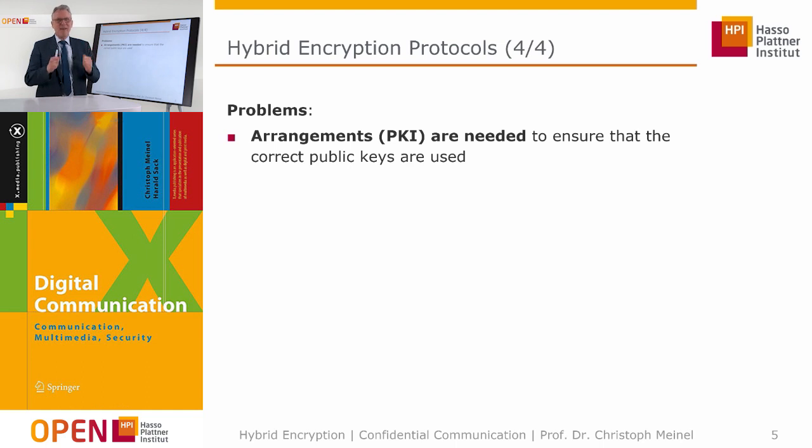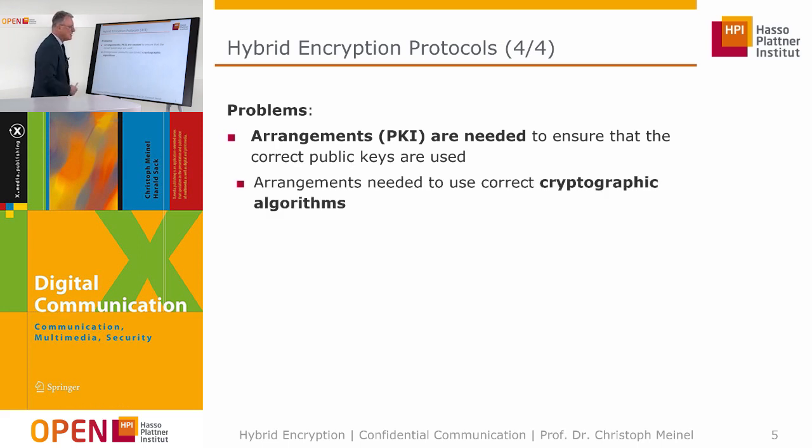And the problem here is that when Mallory succeeds in handing over his public key to Alice as the public key of Bob, and Alice is using this key, then Mallory is the only one who can get access to this secret key and later on can decrypt all the messages Alice is sending. So these arrangements are needed to use these asymmetric cryptographic algorithms in a secure way.